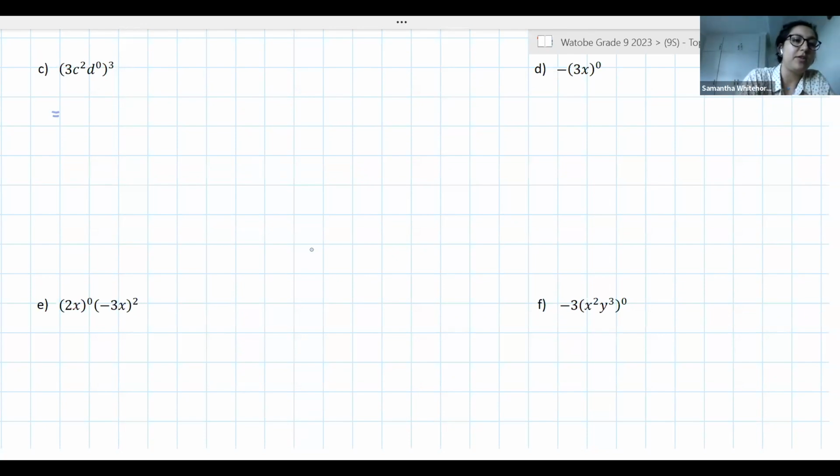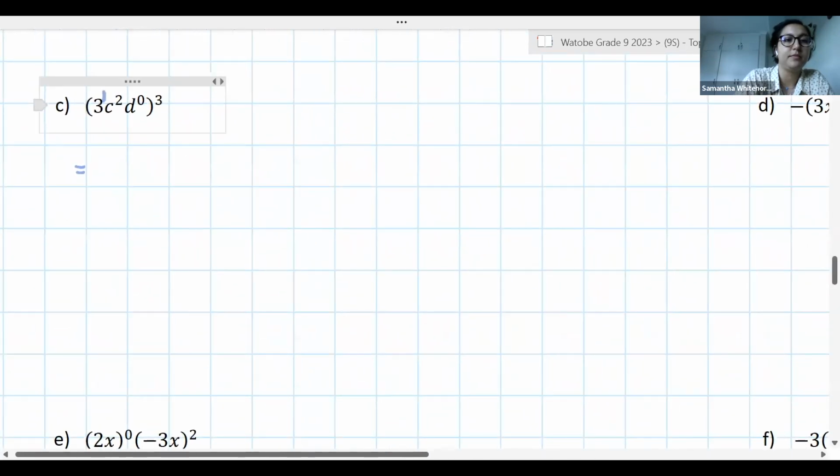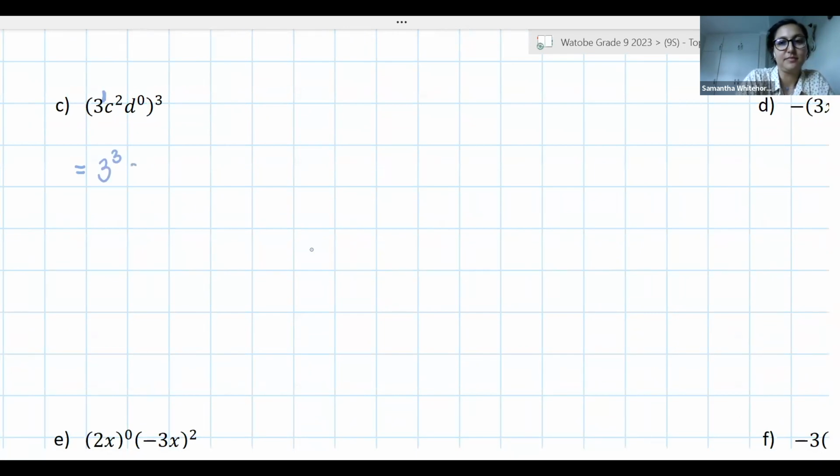So before we carry on, what about this exponent of 1 at the 3? Oh, ma'am, it would have been 3. So it would have been 3 cubed and c to the power of 6. Perfect. Yes, ma'am. D to the power of 0. Awesome.